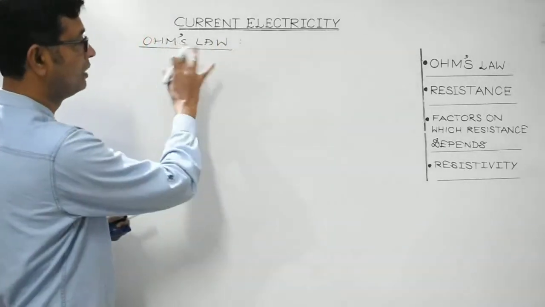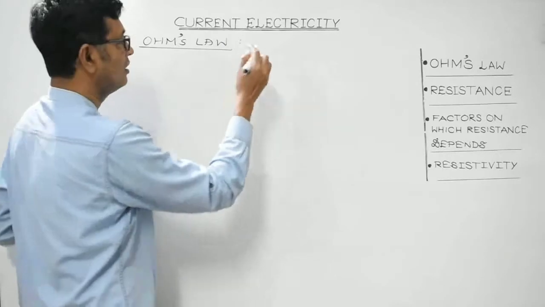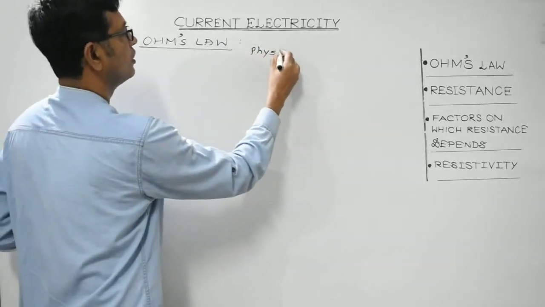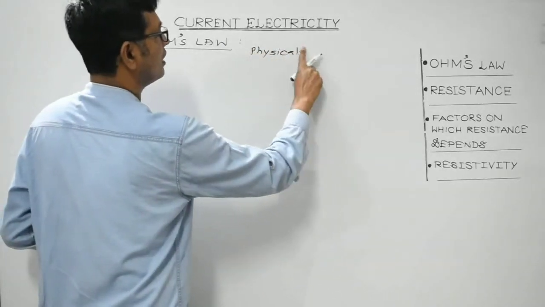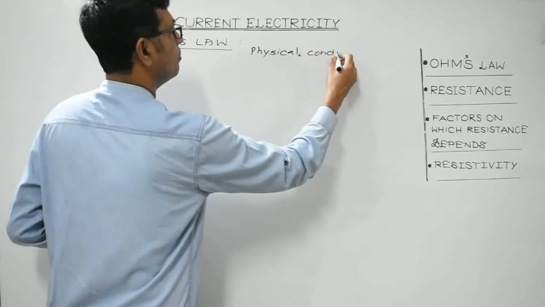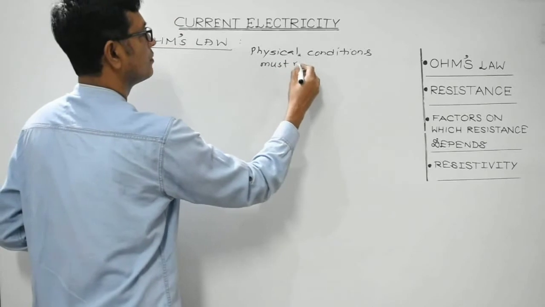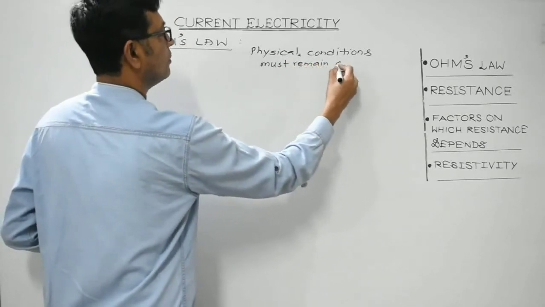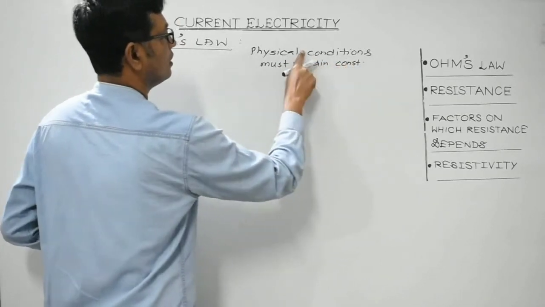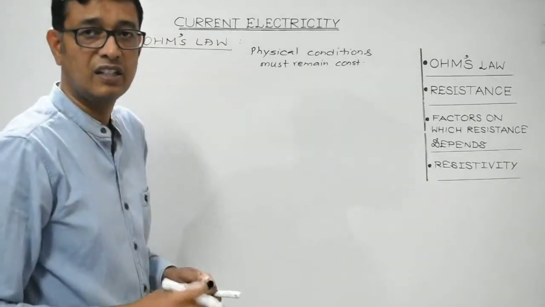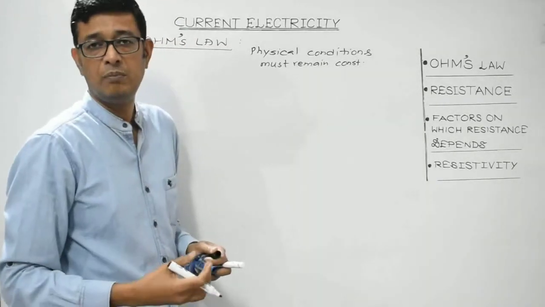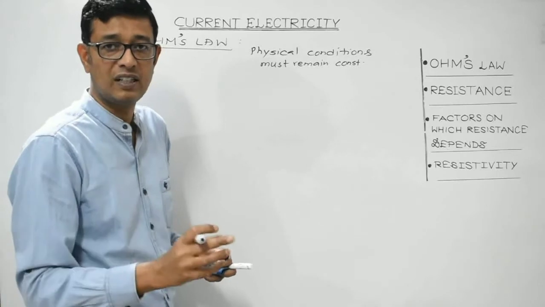So its validity is only when physical conditions remain the same. It is only when the physical conditions like temperature and mechanical strain remain constant that Ohm's law is valid.